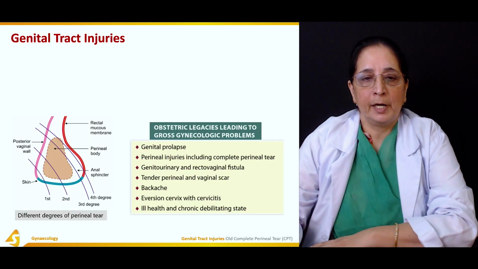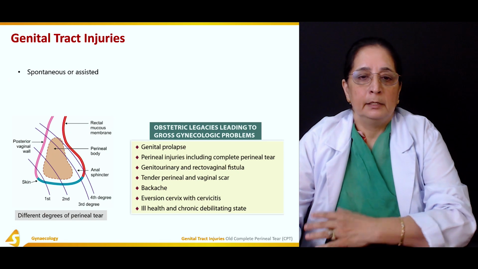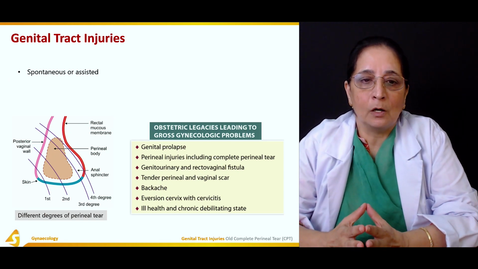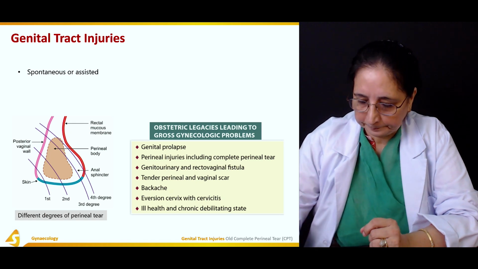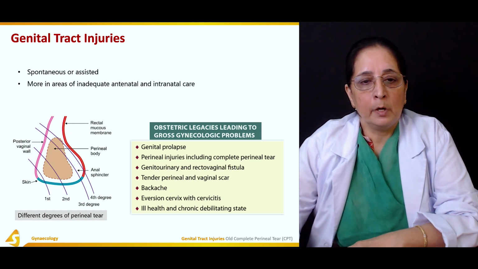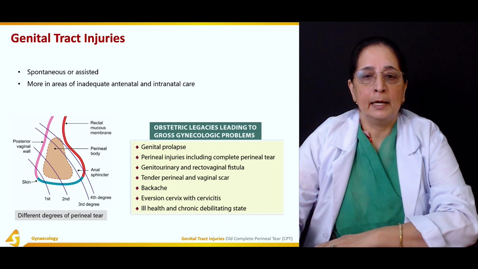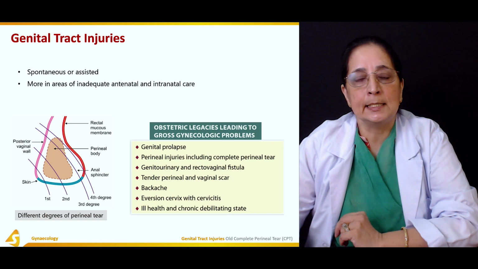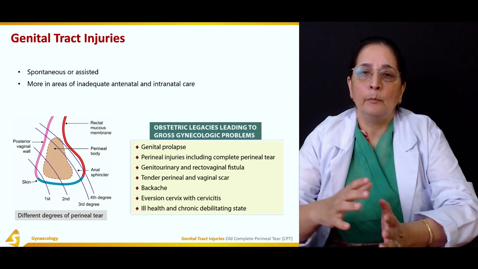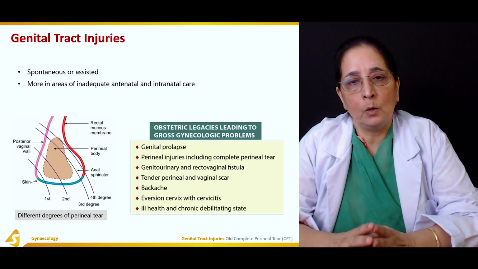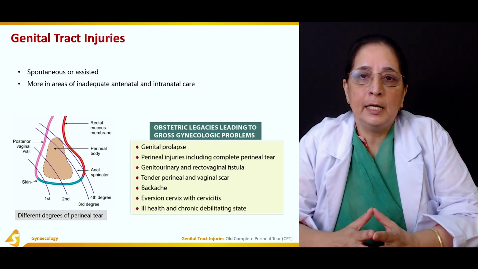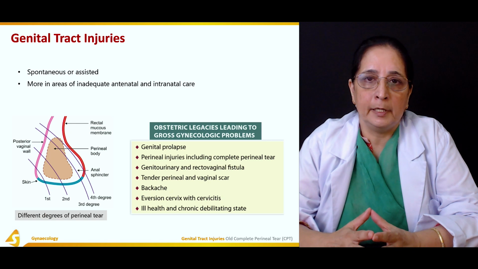The genital tract injuries can be spontaneous or assisted, or they are more common in areas of inadequate antenatal or intranatal care. This is very important. Even nowadays, in some areas, the prenatal care is not very good.